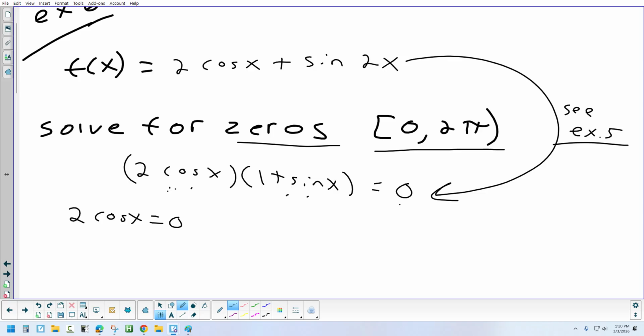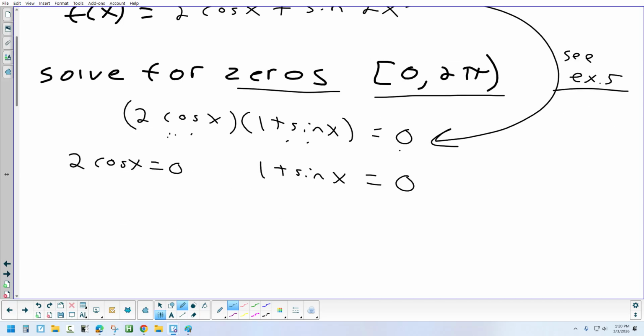So set your first factor to 0. And set your second factor to 0. What would we do with the factor on the left to start to get x by itself? Yeah, divide by 2.